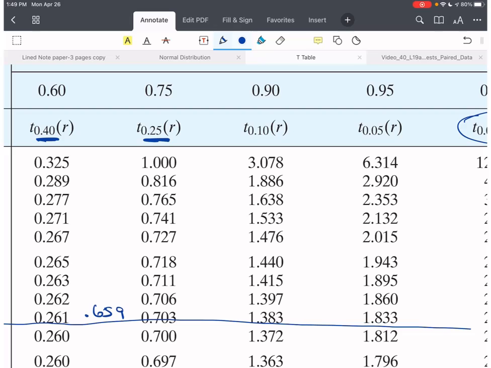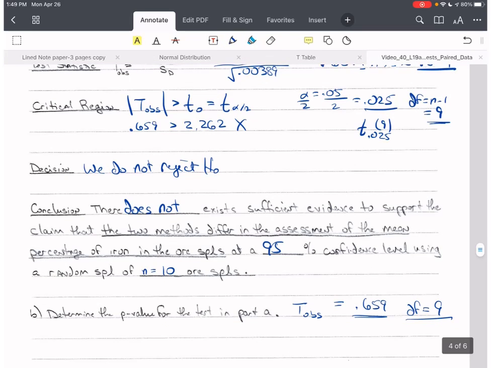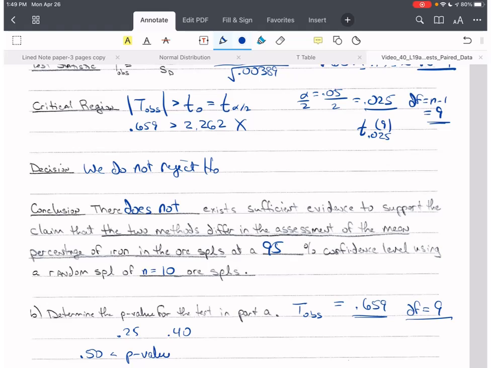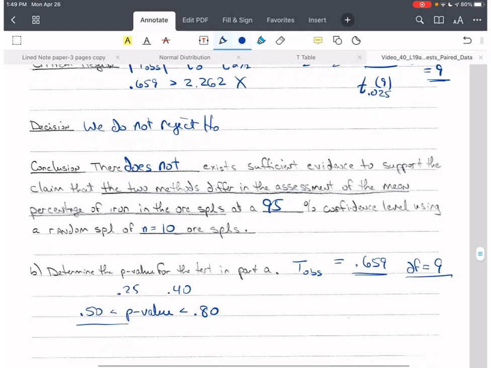So we've got 0.25 and 0.40, and so that's going to be 0.50 and 0.80. So our p-value is between 0.50 and 0.80. So there's absolutely no value of alpha that we would want to use where we would ever reject the null hypothesis for this problem. Okay?